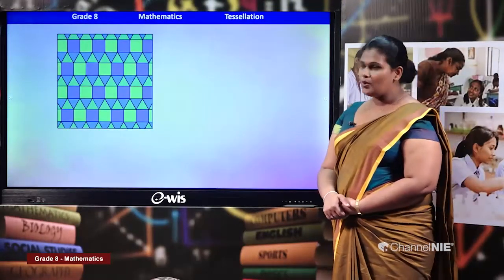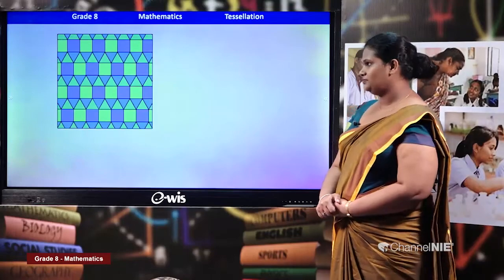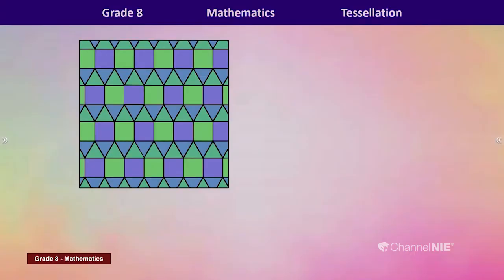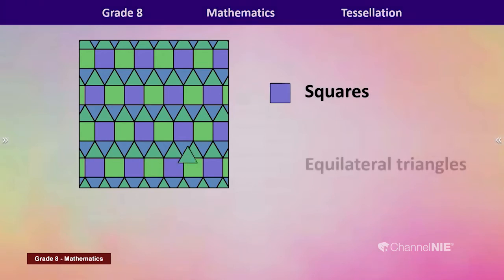Right. Now have a look at this tessellation. Now what are the shapes that you can see there? We can see squares, we can see equilateral triangles. Isn't that so? There are squares in two different colors, in blue and green. There are equilateral triangles once again in two different colors, in green and blue.